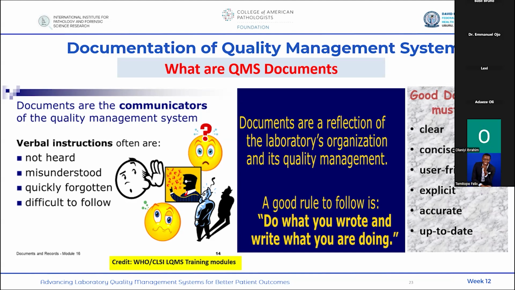And if your SOP needs review or revision, you need to now write what you are doing at the moment. So some elements of good documents: it should be clear, it should be user-friendly, explicit in nature, there should be no ambiguity, it should be accurate, and it should be up to date.